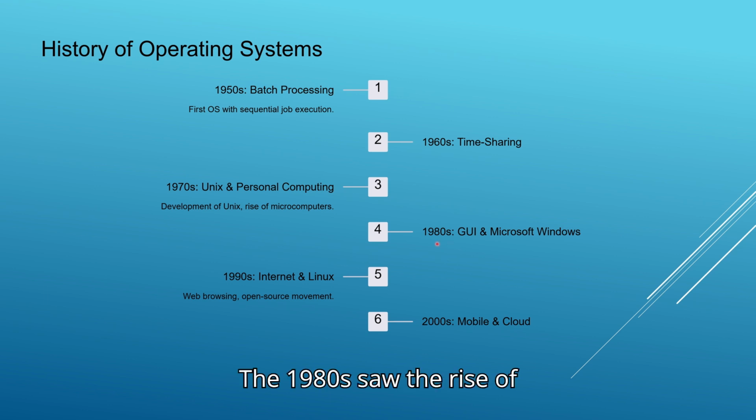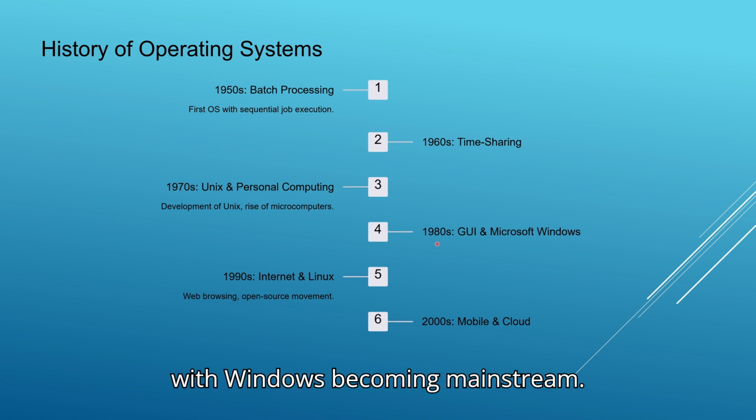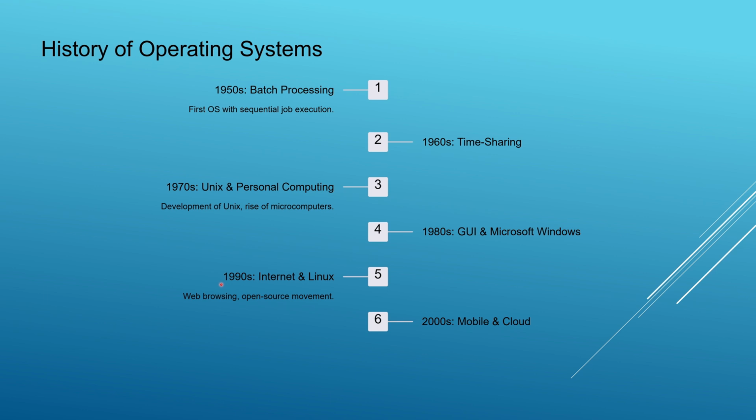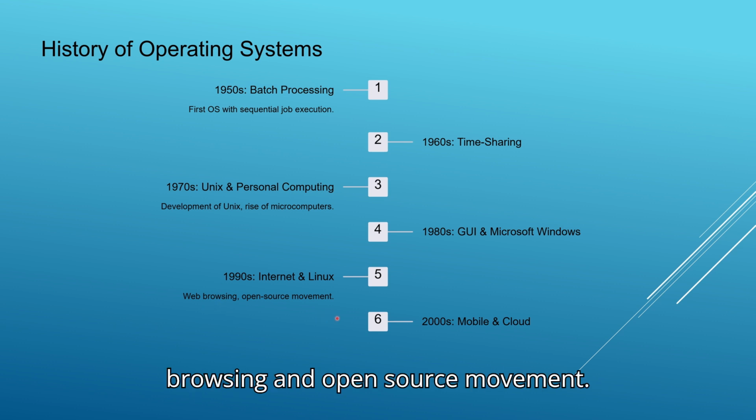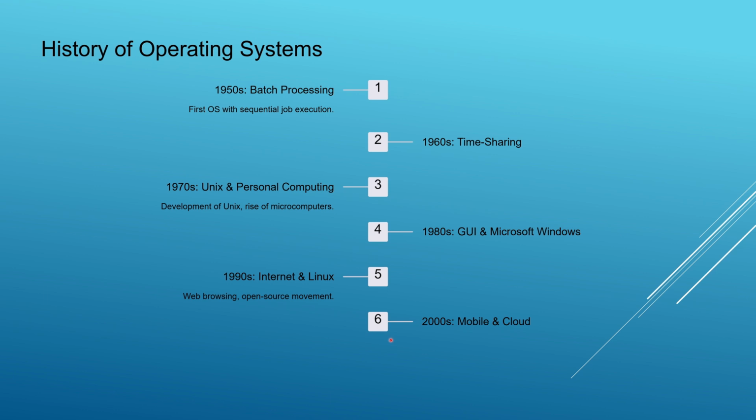The 1980s saw the rise of the graphical user interface, the GUI, with Windows becoming mainstream. In the 90s, the internet and Linux gained traction, with web browsing and the open source movement. By the 2000s, mobile computing and cloud-based systems began reshaping how we use computers.